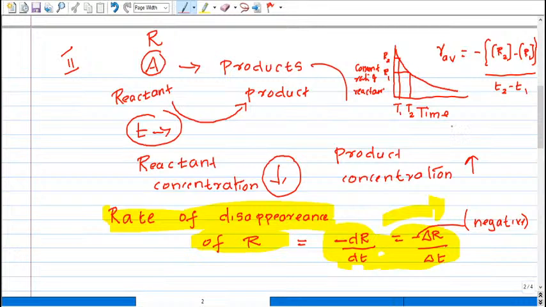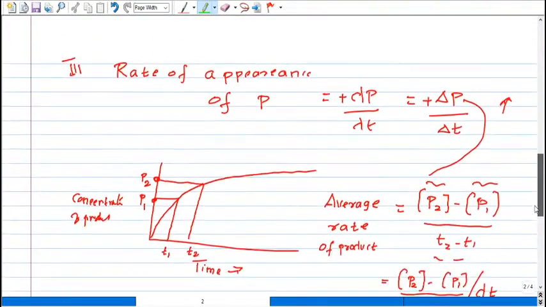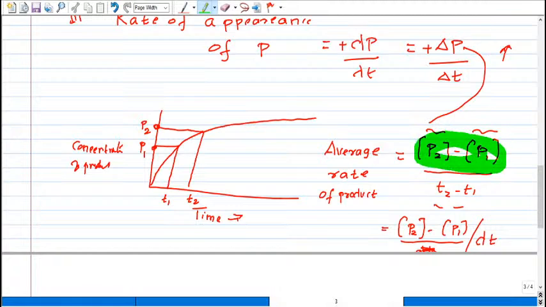Remember this important one. So it is R2 minus R1 divided by T2 minus T1. So you have to note down this formula. This formula is very important for cracking 1 marks. So there are two formulas, one with respect to the reactant, the other one is with respect to the product.